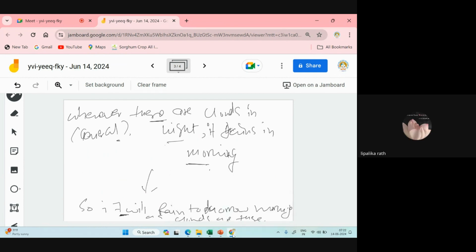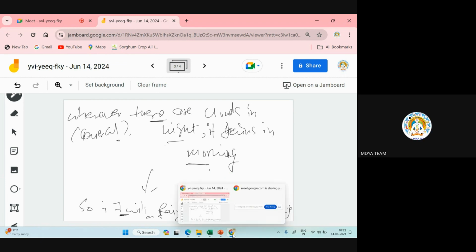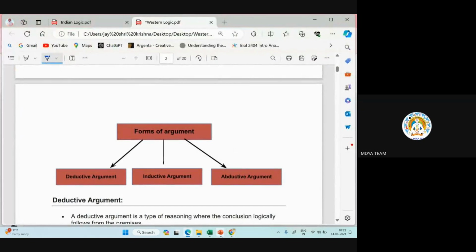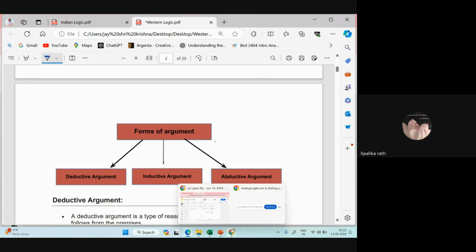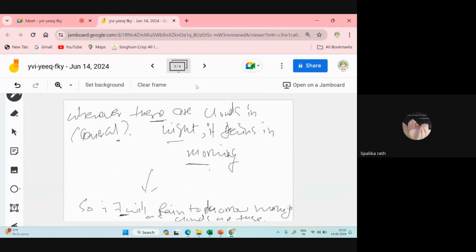Sir, I can give one example. Yes, sir. Every full moon day there is moonlight. You can consider on a full moon day there is no dark. Every full moon day there is no darkness. So this full moon day also there will be no darkness.